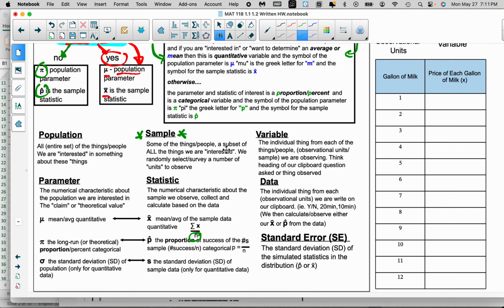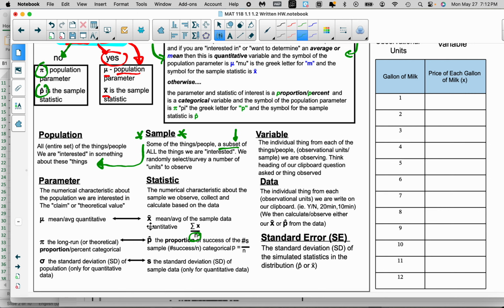So the sample is a subset. It's some of the things we're interested in. We could work our way backwards then and say, okay, if that was some of the things, then I can write what the population is by saying, well, that would be all of the things. We took a subset, some of the things. The population is all of the things.